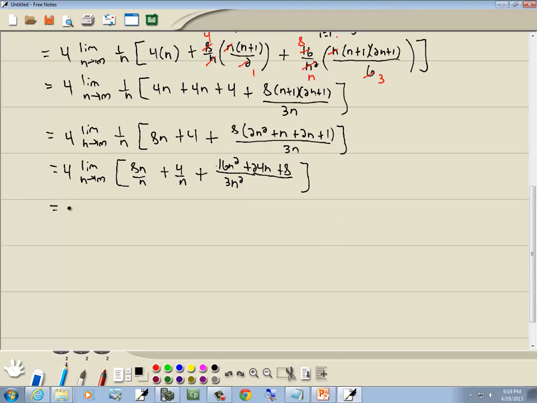And we can do a little bit more simplifying. Here, those n's cancel. We've got 8 plus 4 over n plus, and I can split these into separate fractions. So I have 16n squared over 3n squared plus 24n over 3n squared plus 8 over 3n squared.